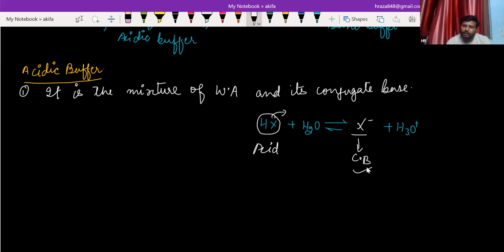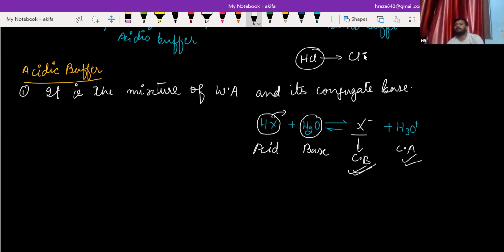That means conjugate base. The substance which donates H plus is called acid, and formation of the compound or molecule after donating H plus is called conjugate base. And you can see H plus donor, H plus acceptor is base, and after accepting, the substance that is formed is conjugate acid. So if I'm going to ask you what is the conjugate base of this, you just have to remove H plus, it will be converted into Cl minus, and this Cl minus is conjugate base.